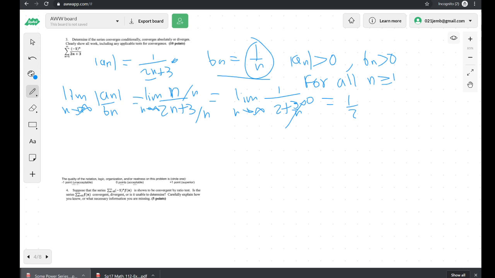some value c that is greater than 0, according to the limit comparison test. So if it's greater than 0, we know that both series, the sum of a sub n and the sum of b sub n, both converge or both diverge, right? We know the divergence or convergence of the sum of b sub n.